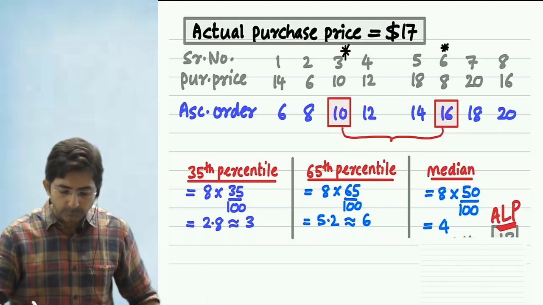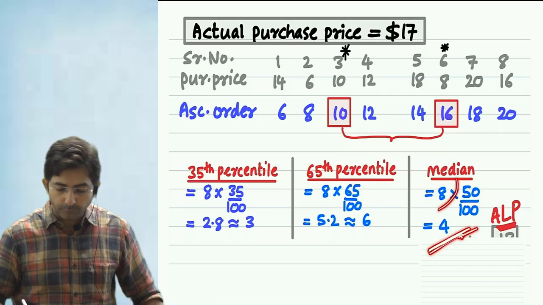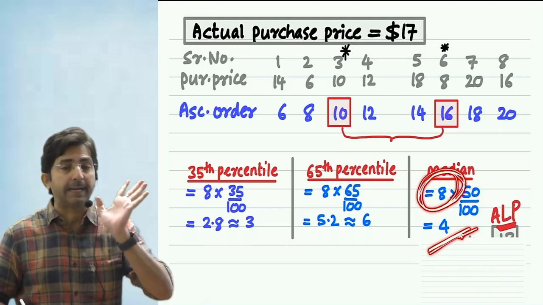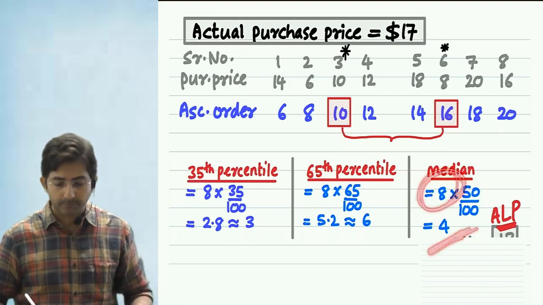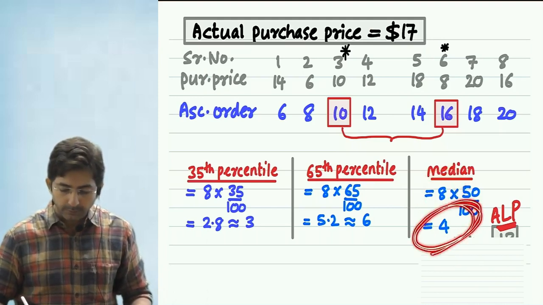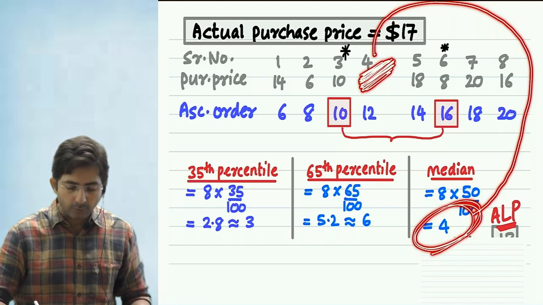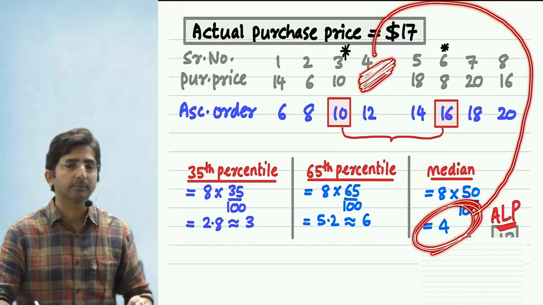And you know what is this 4? 4 is the serial number, because we took 50% of serial number column 8. So that 4 will be searched in the serial number column. So let us search 4 in the serial number column. Did you see 4? And against that, what can you see? 12. But 12 is not the answer.